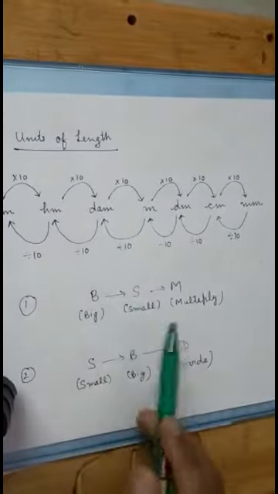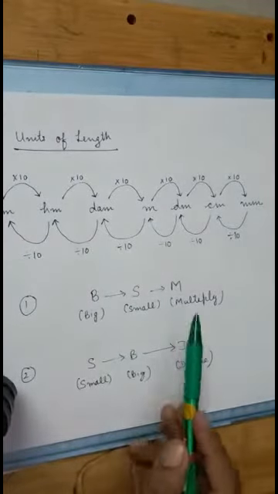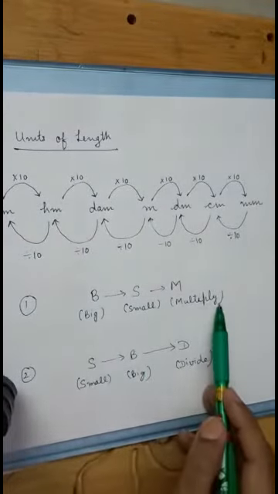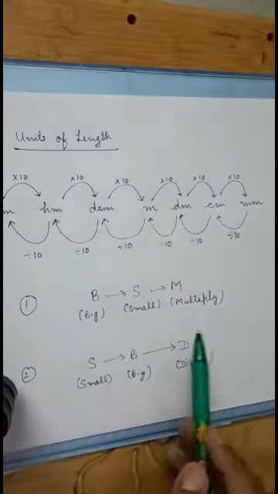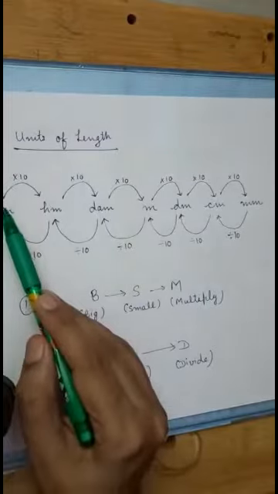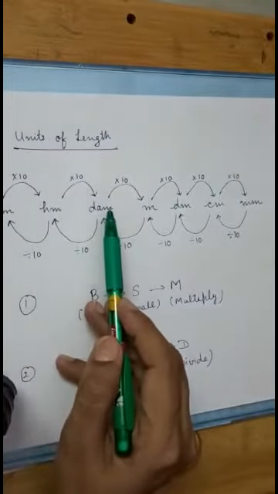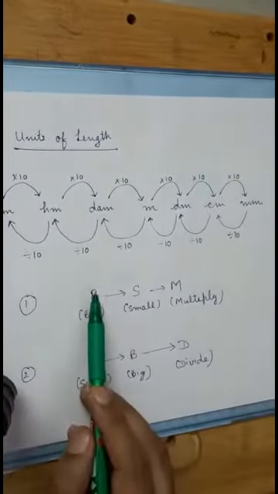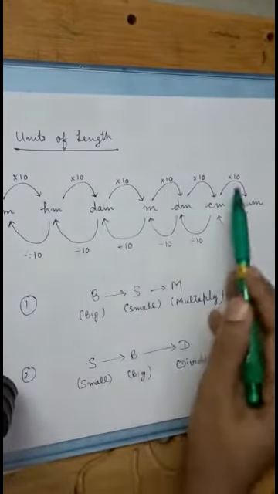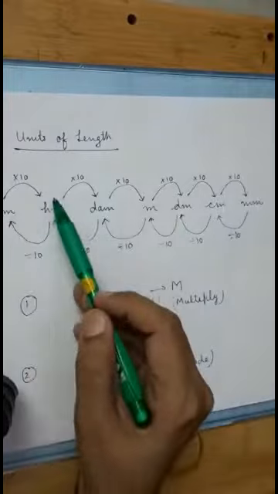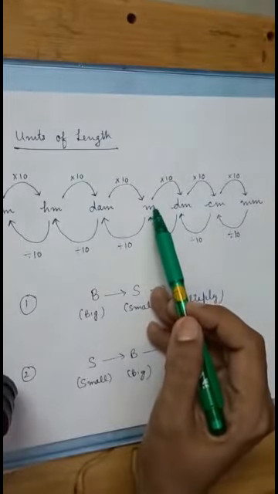Now see here, the first rule is BSM, big to small multiply. So when we move from a bigger unit to a smaller unit, we have to multiply by 10 for every move to the right. This is the right side. Is that clear?